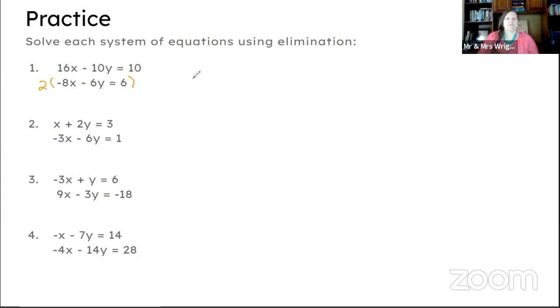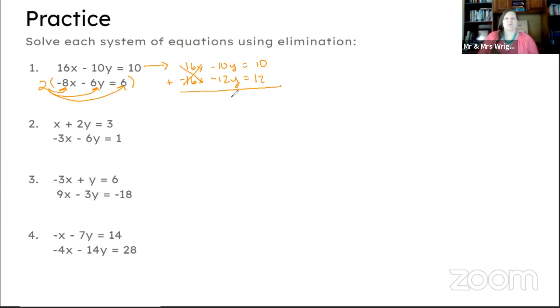Let me see if I've got this right. 2 times negative 8 is going to be negative 16x. 2 times negative 6 is negative 12y equals 2 times positive 6 is going to be a positive 12. Now I'm just going to bring over my other equation, 16x minus 10y equals 10, and I'm adding these together. 16x and the negative 16x, those are going to cancel out.